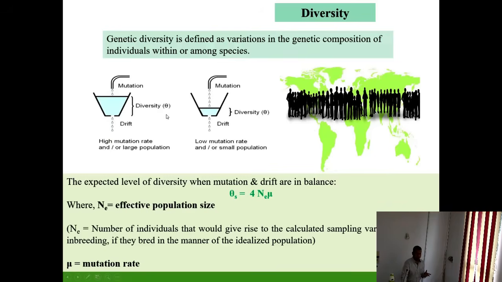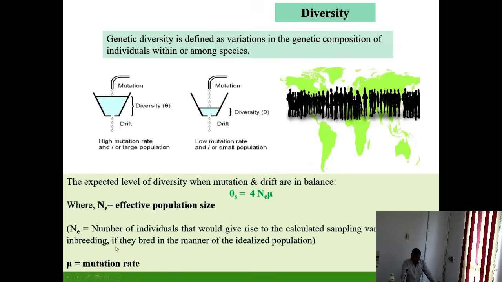This is theta, or Watterson's estimator. So theta equals 4 Ne mu, and it is quite widely derived. And what is it? It is the total amount of diversity whenever there is a neutral model, whenever there is mutation-drift balance; you will find this much diversity in the population. And here you can see the N is nothing but the effective population size, I mean the number of breedable individuals.